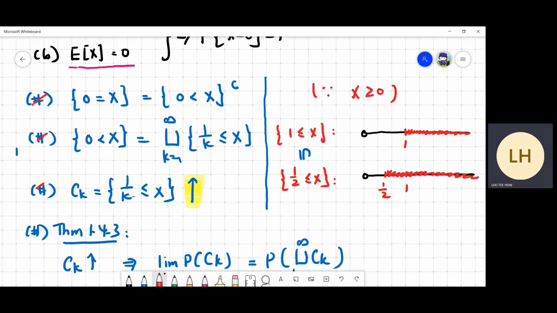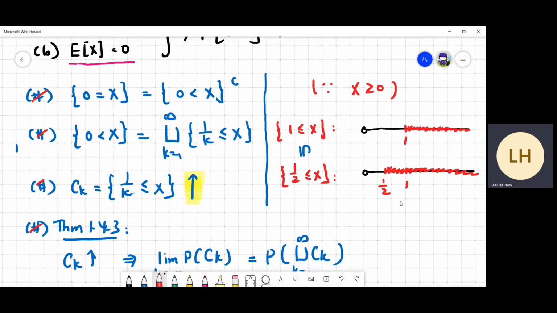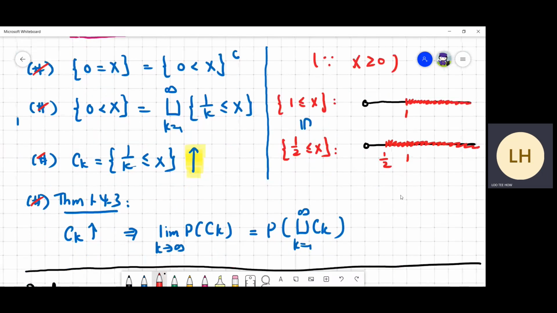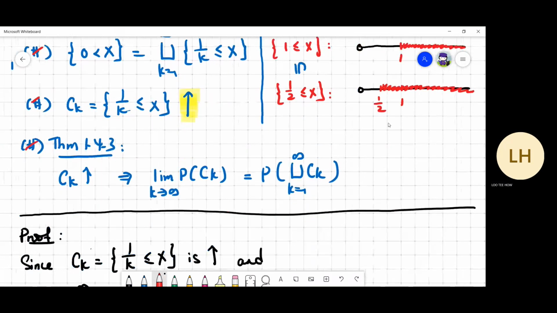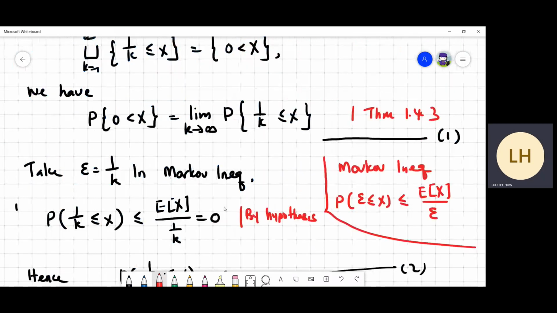And next, we can see that these events, x greater or equal to 1 over k, form an increasing sequence. So by using observations 1, 2, 3 together with theorem 1.4.3, we tidy up the argument. So this is the proof for it.